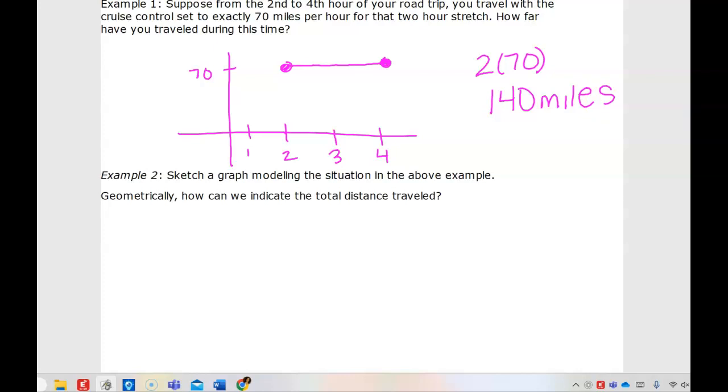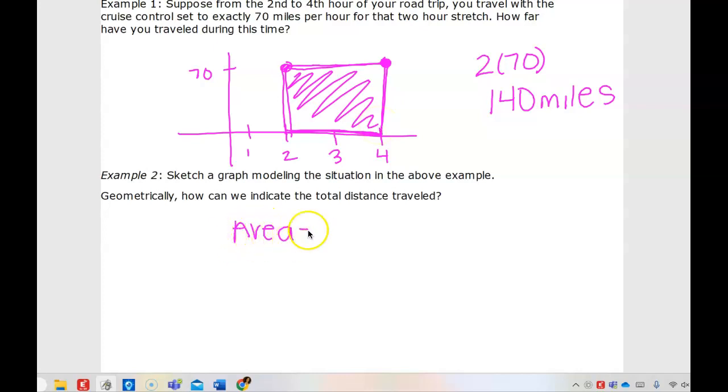I started doing example 2. It says sketch a graph modeling the situation in the above example. Geometrically, how could you indicate the total distance traveled? If this graph represents my traveling time, that would geometrically be represented by a rectangle, where the area of that rectangle would represent my total driving distance.